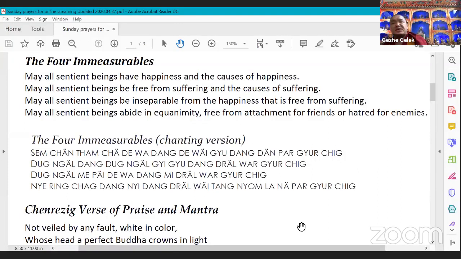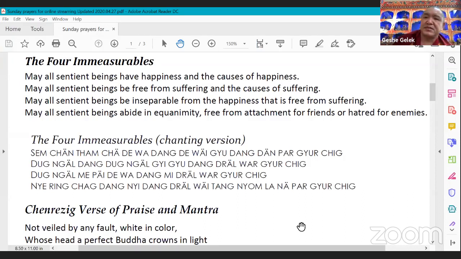May all sentient beings have happiness and the cause of happiness. May all sentient beings be free from suffering and the cause of suffering. May all sentient beings be inseparable from the happiness that's free from suffering. May all sentient beings abide in equanimity, free from attachment for friends and hatred for enemies.